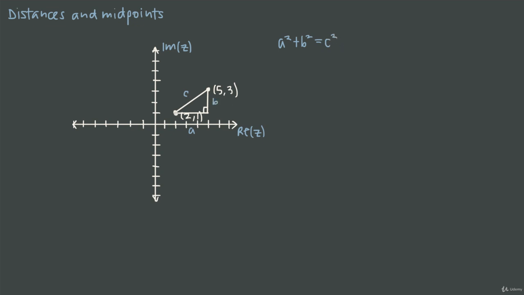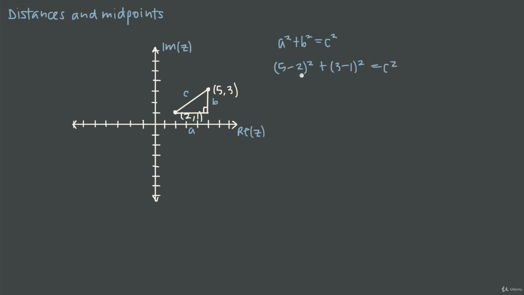Since this point is at x equals 2 and this point is at x equals 5, the horizontal distance, or a, between these 2 points is 5 minus 2. So this is 5 minus 2 squared. And the vertical distance, since this point is at y equals 1 and this point is at y equals 3, is 3 minus 1, so 3 minus 1 squared. And that's going to be equal to c squared.